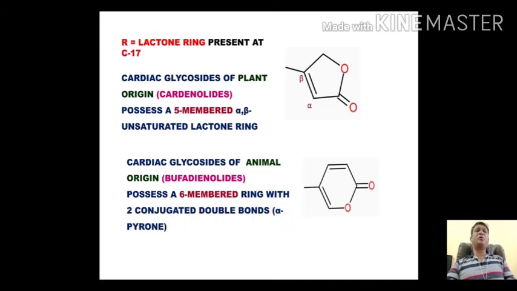This can be a question of GPAT examination, that the bufadienolides consist of dash ring. So 4 options will be given there, and you have to identify that it is called the alpha pyrone ring. So this is all about the aglycone portion, that is the non-sugar portion present in the cardiac glycosides.